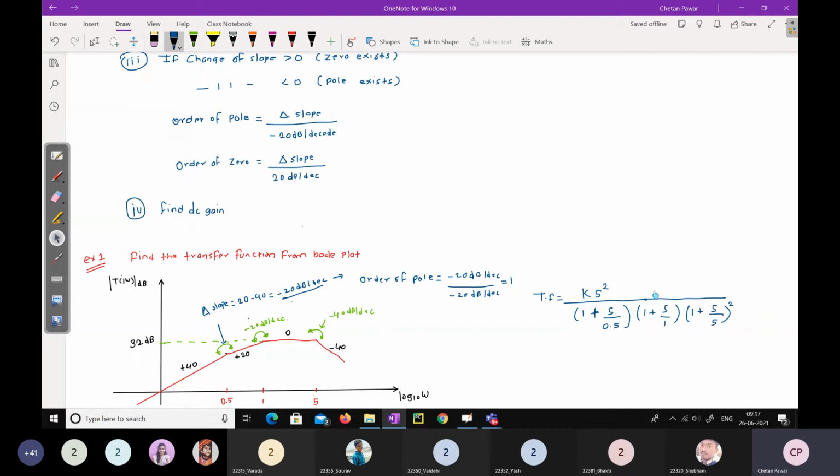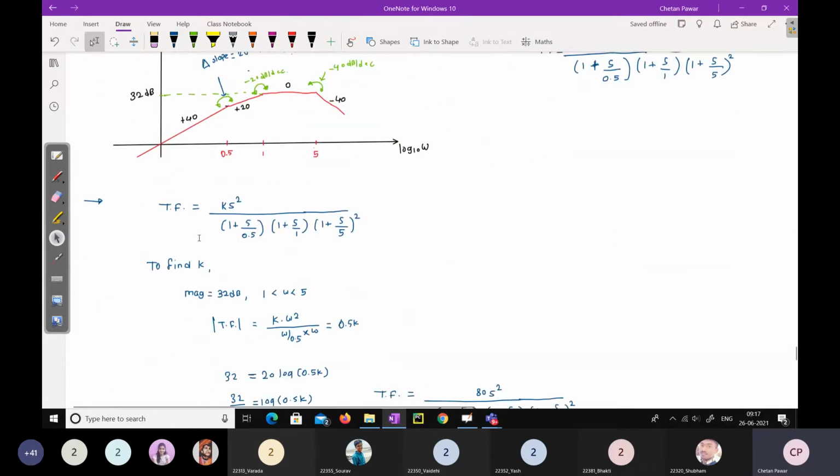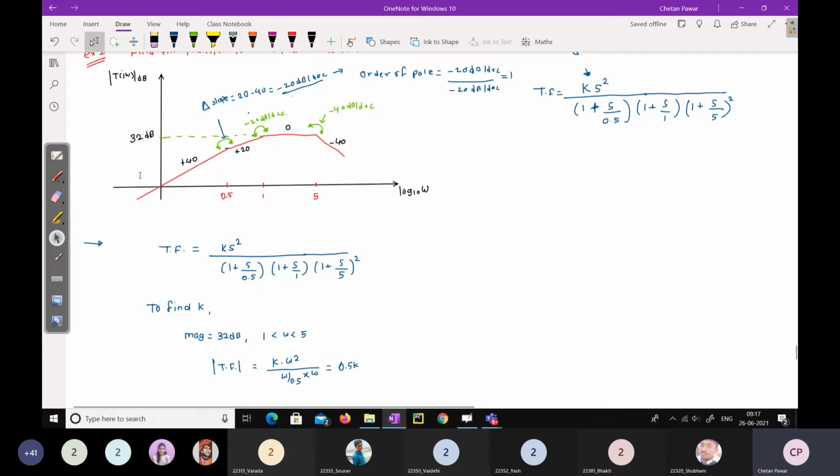So we got the transfer function, but we haven't got the value of K. That is the DC gain of the system, so we need to find out the value of DC gain. How to find it?